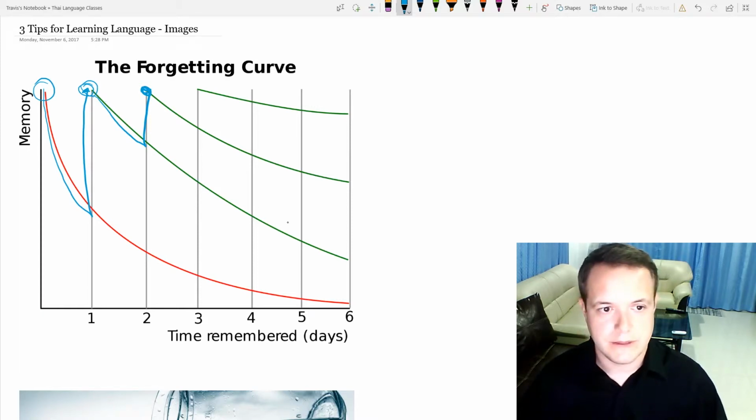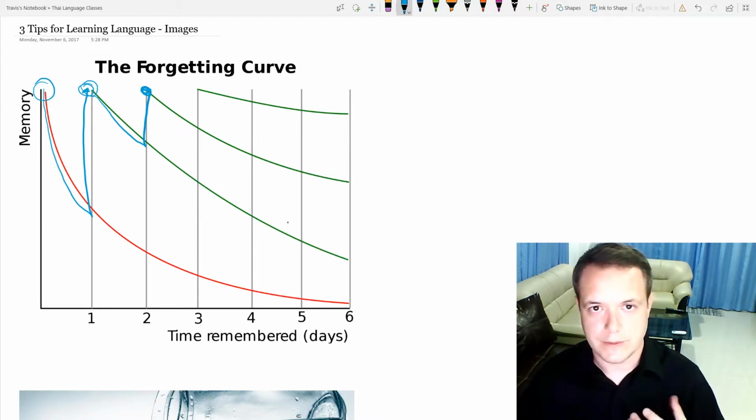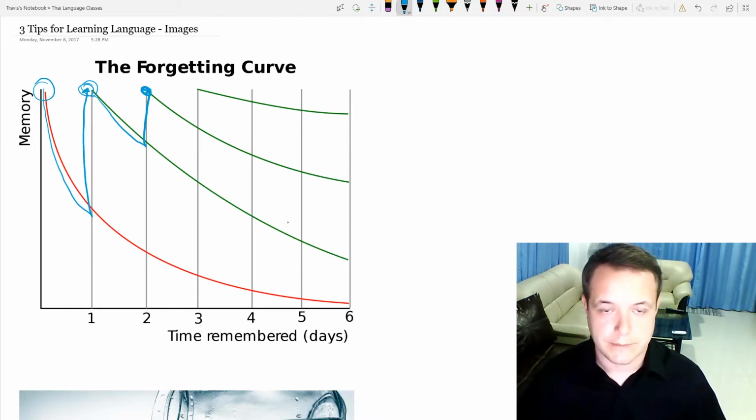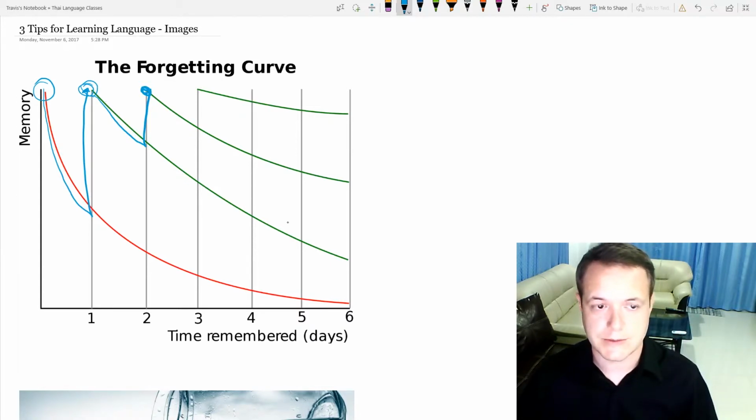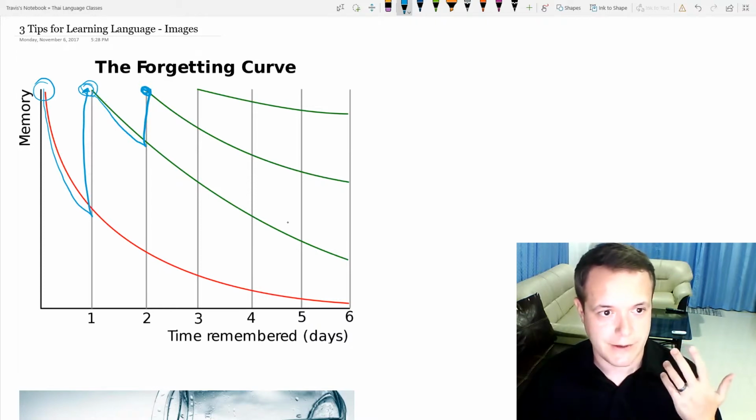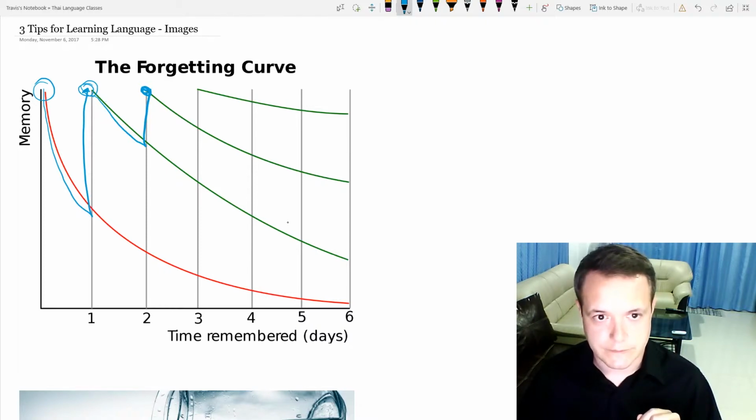So this is one of the most effective means of memorizing things and being able to learn a language. And many people think that they have a bad memory, and it is true in some cases because of brain damage or drugs or any number of things. But for the most part, most people just simply don't know how their memory works. This is a valuable piece of information. It's helped me a lot personally in setting up a study routine, and we'll talk about that as we go further through the video. So that's number 1, spaced repetition.